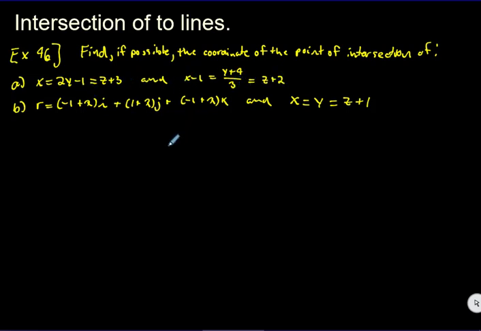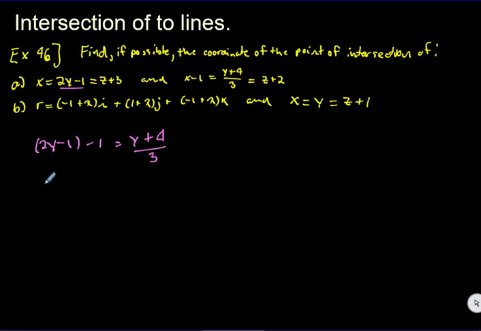For this one, if x is equal to 2y - 1, I can just do some substitution. So I have 2y - 1 - 1 if I take this and plug it into this x, and that's going to be equal to (y + 4)/3.